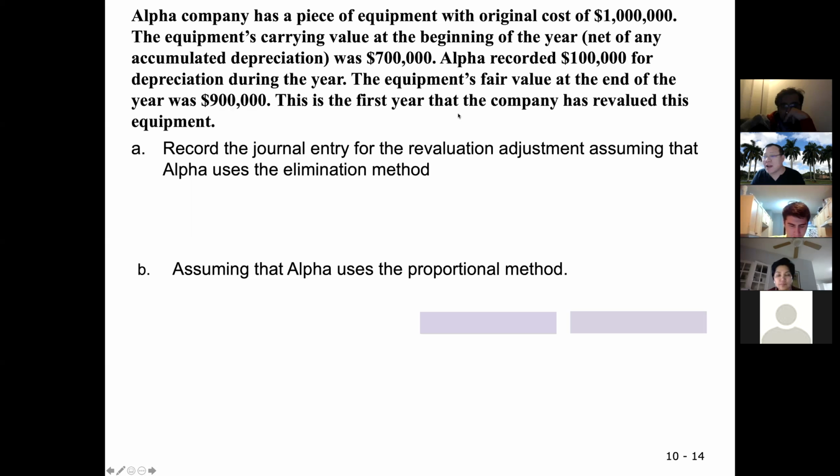The equipment fair value at the end of the year was 900,000. This is the first year the company has revalued this equipment. This is important: first year, no history. Record the journal entry using the elimination method. Tell me what's the journal entry using the elimination method?